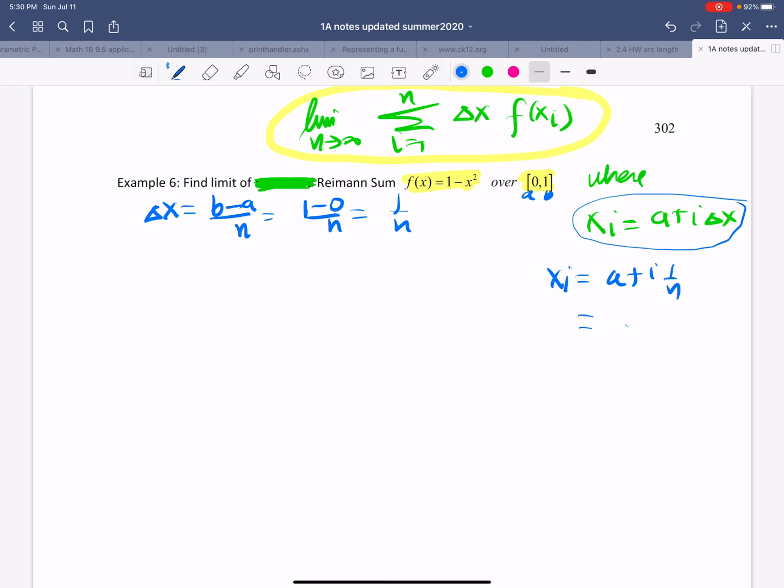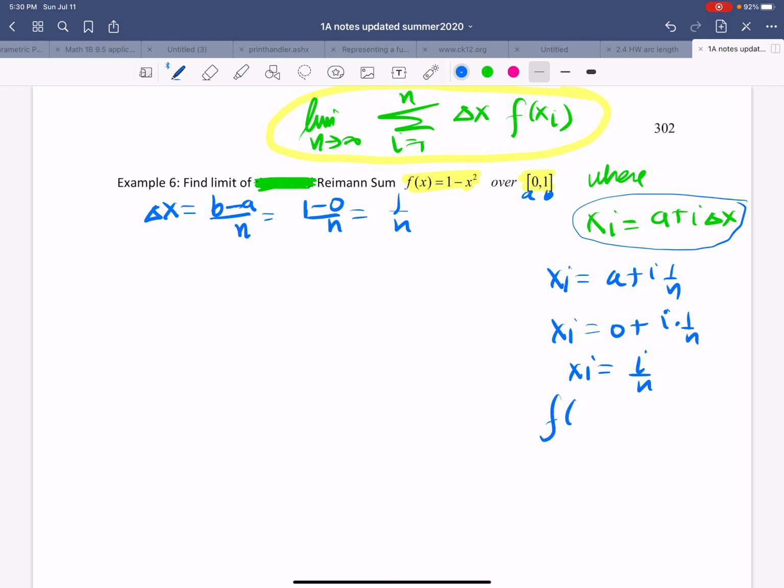So xi in this case would be i over n, because it's a plus i delta x, and we know a is 0, plus i times 1 over n. So xi is equal to i over n, because we don't need to add 0 to it.